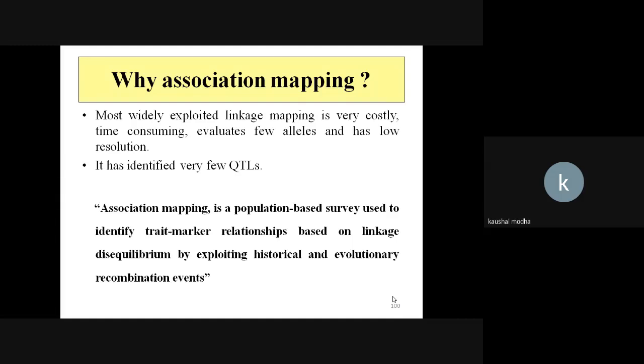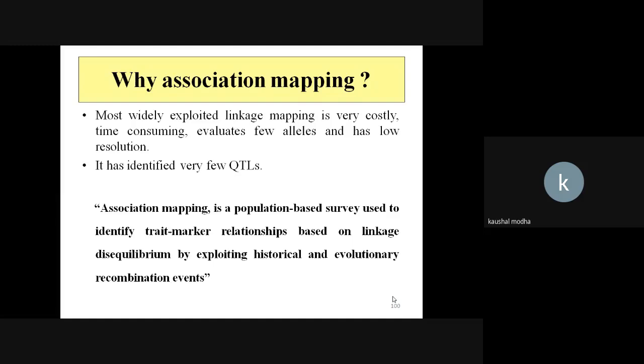Because of this low recombination, even in RILs, recombination events are still low. That's why we don't get much finer resolution. We don't get polymorphic markers which are tightly linked or close to the gene of interest. We get loosely linked markers, so resolution is still low.